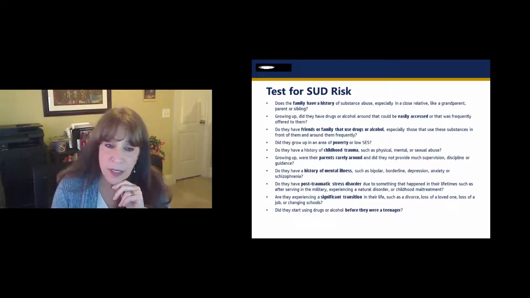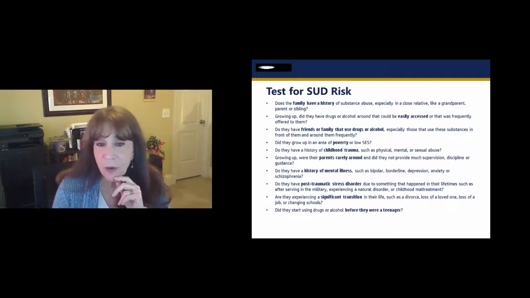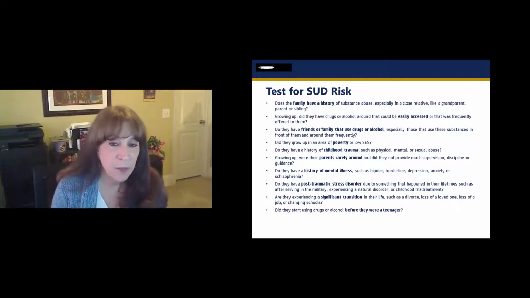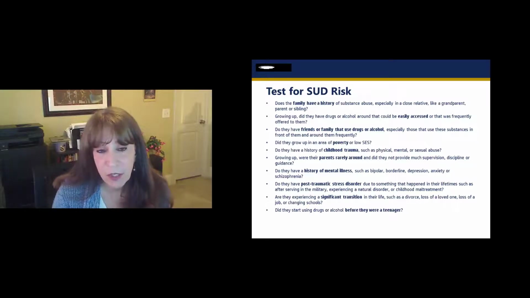Are they experiencing a significant transition in their lives? So in children, a contentious divorce of their parents, the loss of a parent or a loved one, the loss of a job in someone who's older, or changing schools are all very stressful. Did the individual start using drugs or alcohol before they were a teenager?